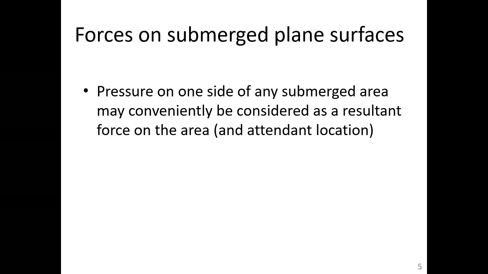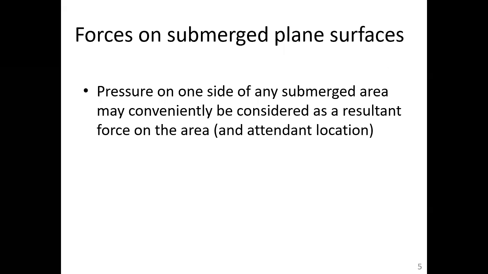Once we get the force, then you can do structural design or any other kind of design you want. So if we're looking at one side of the surface, so again, we're going to be looking at submerged surfaces, submerged plane surfaces first. And so, for example, for a dam, we have water on one side of the dam, no water on the other side. So typically we look at just one side.